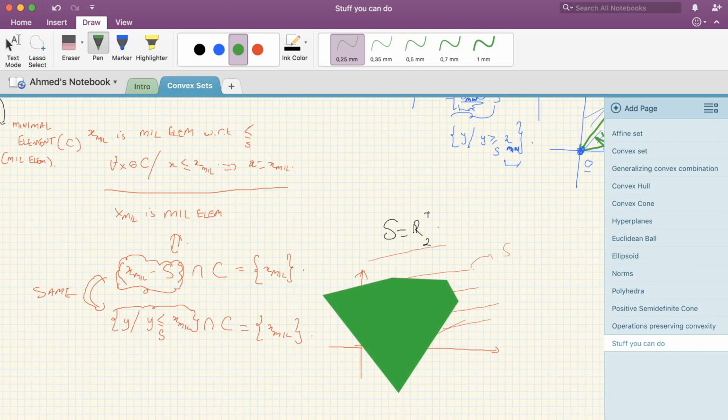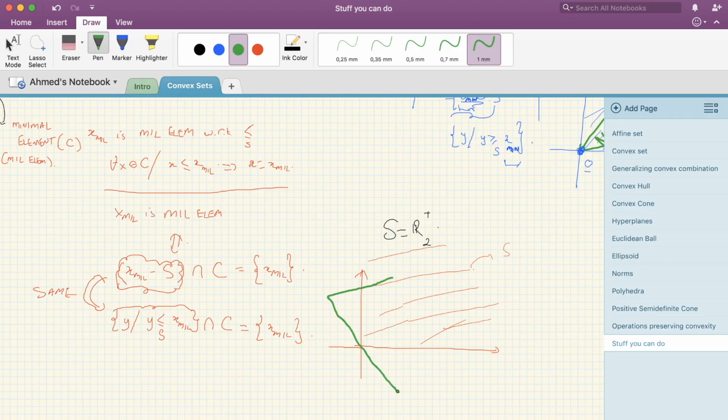I'm going to pass a line here as such, and I don't care what happens there. Well, I do care, of course. And if you want, you can close it. So this is your C, okay? And I'm going to pass it through the origin.